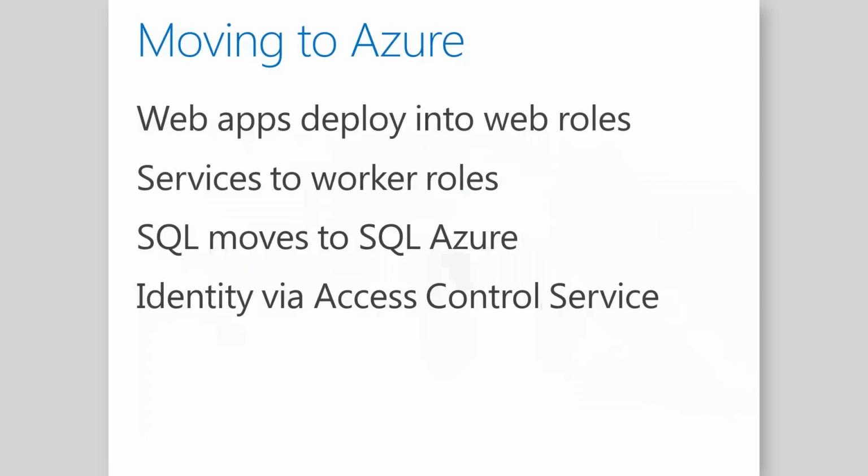SQL Azure also has some limitations in terms of total database size, although we've addressed some of those with some of the sharding concepts in the latest release of SQL Azure. But at the moment, 150 gigs is the largest a single database can be. But you can automatically shard a larger set of data across multiple databases, and SQL Azure will handle that for you.